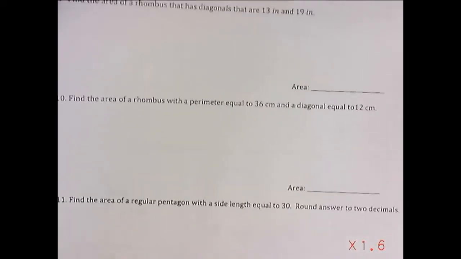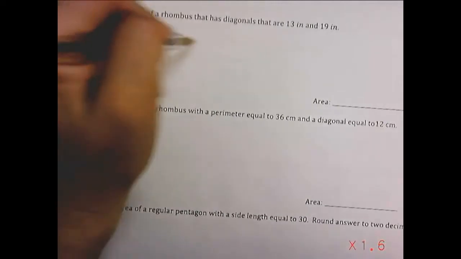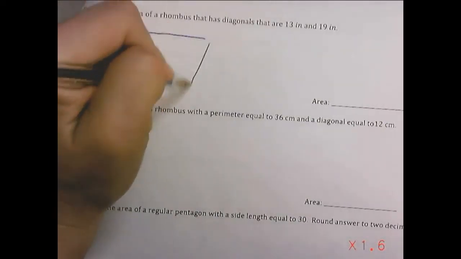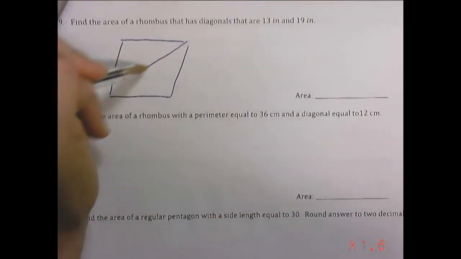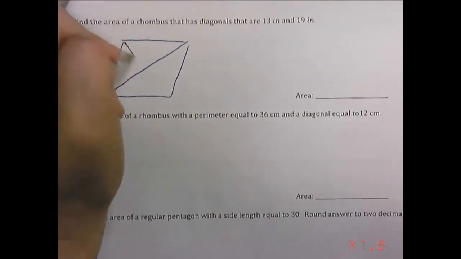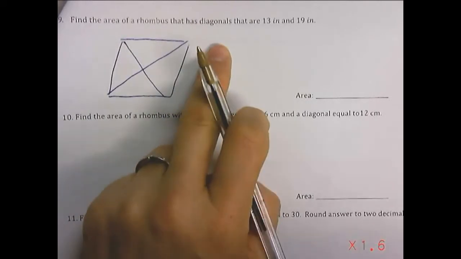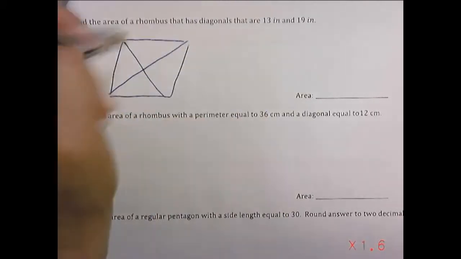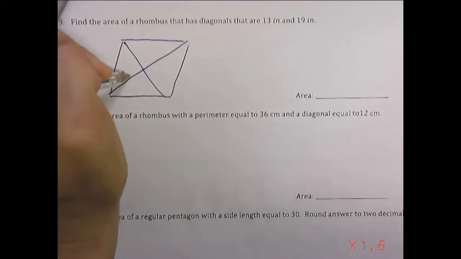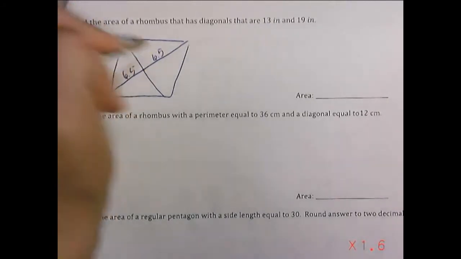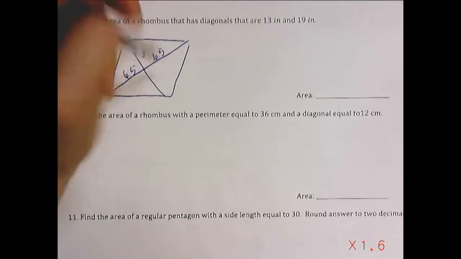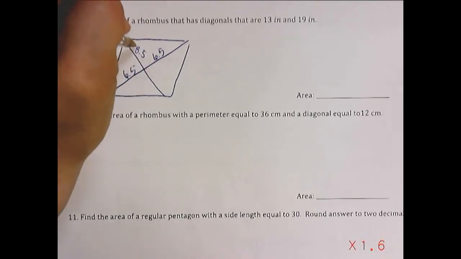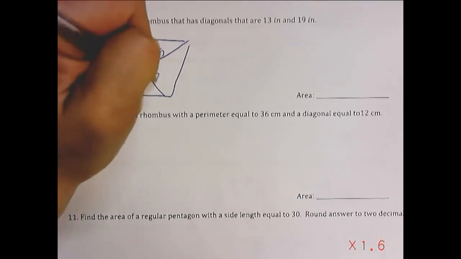Right, the area of a rhombus that has the diagonals 13 and 19 inches. So this would be 6.5, 6.5, and this would be 9.5 and 9.5.